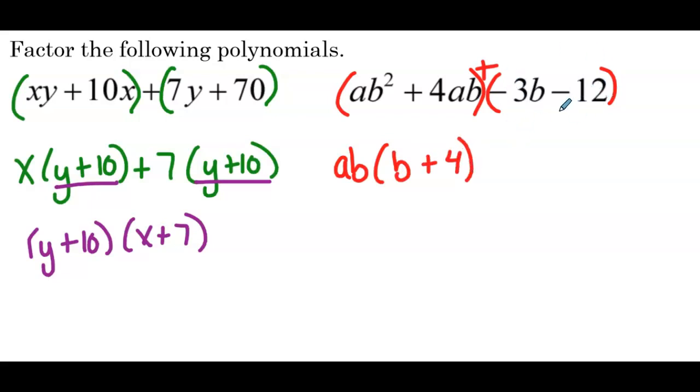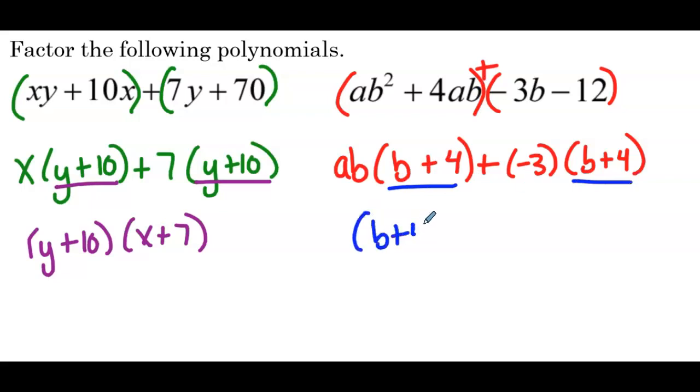And our greatest common factor of the second two terms would be, well, the greatest common factor is 3, but we want the factor to be b plus 4, so we'll factor out a negative 3, and then we will have b plus 4 left. So we have b plus 4 as the greatest common factor, and then times ab minus 3.